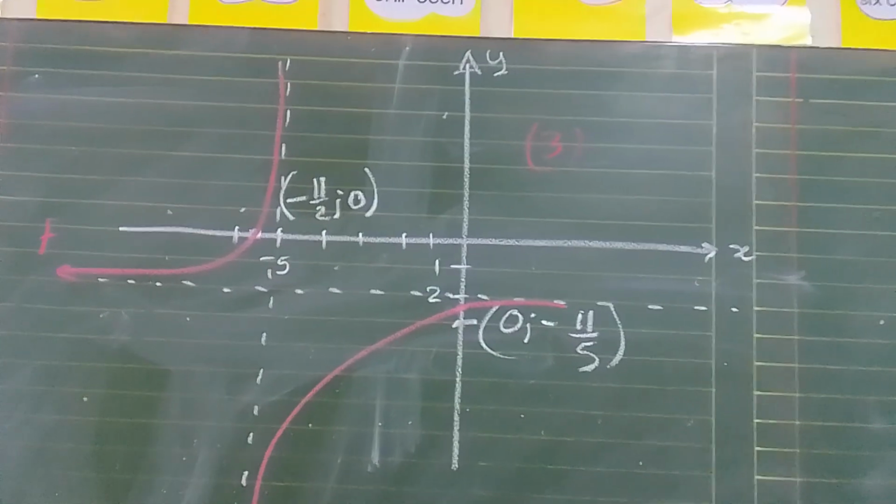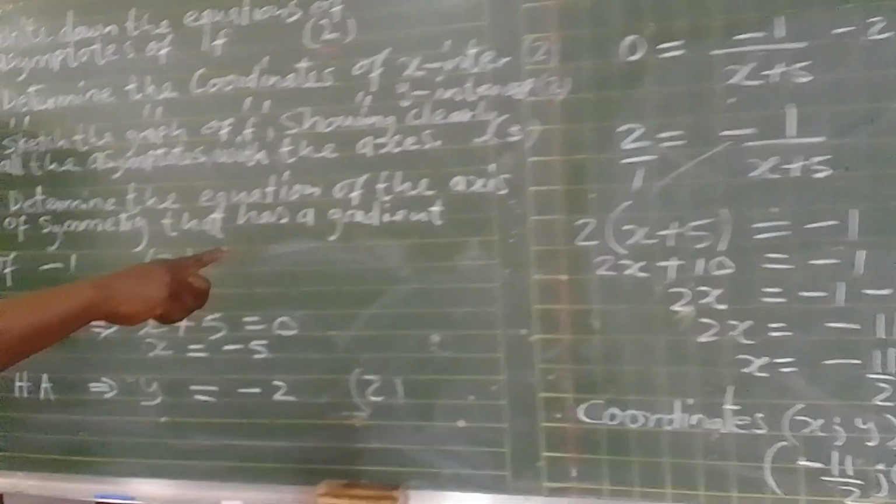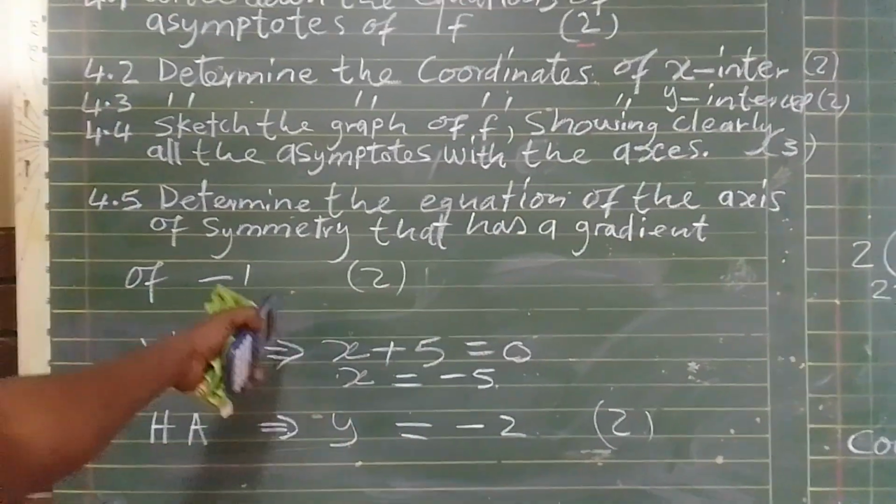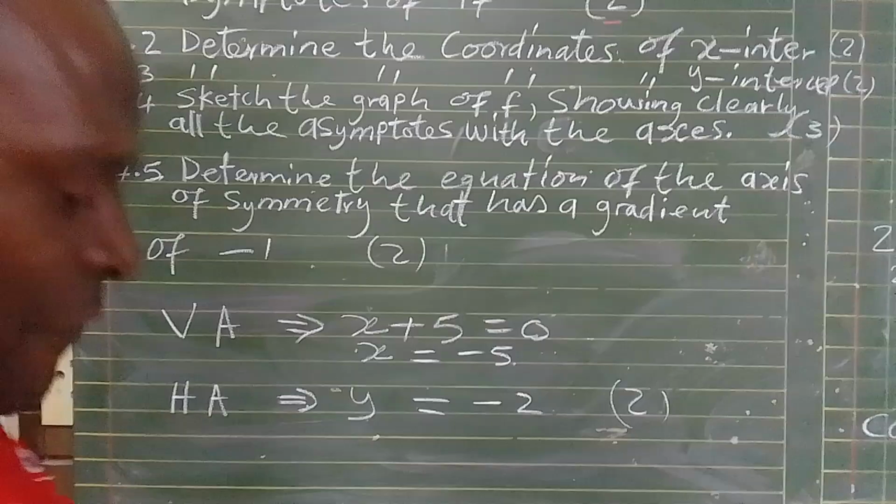Right, the last question is 4.5. Determine the equation of the axis of symmetry that has a gradient of minus 1. 4.5.